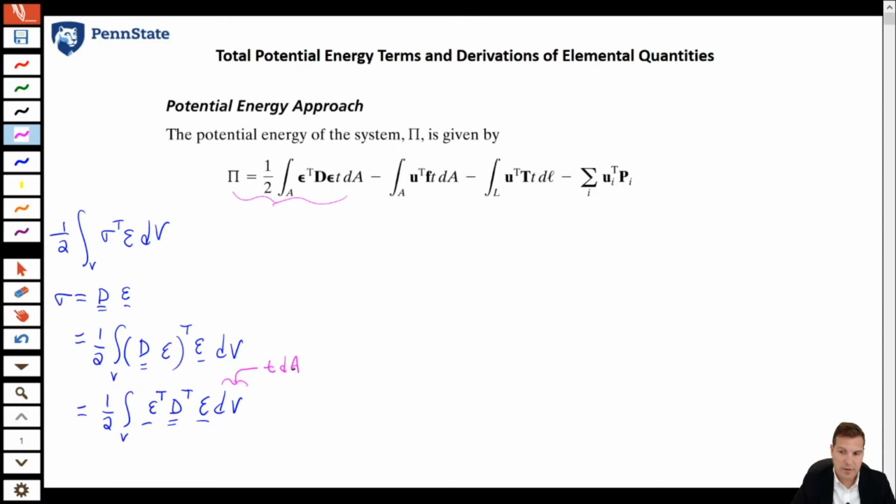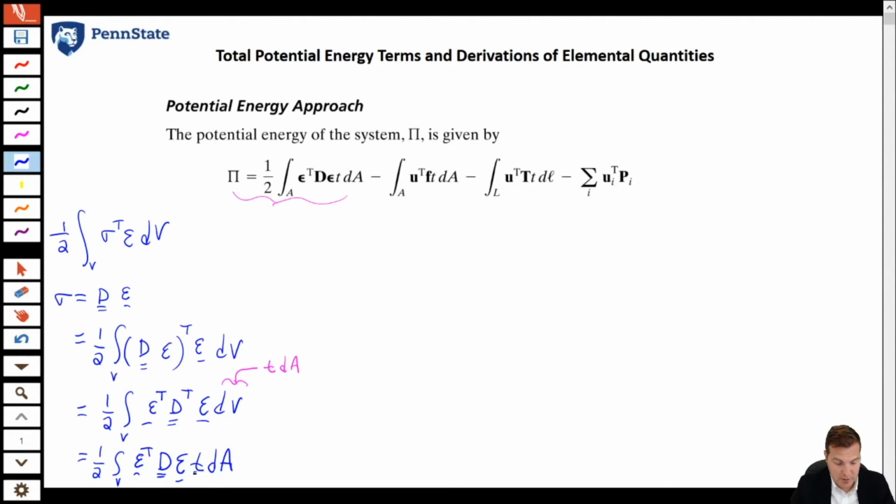So we're really moving this to an area integral by considering the thickness and getting rid of that dV. So then we're going to have finally 1/2 the integral of epsilon transpose D epsilon T dA.